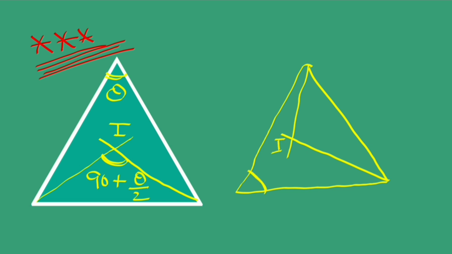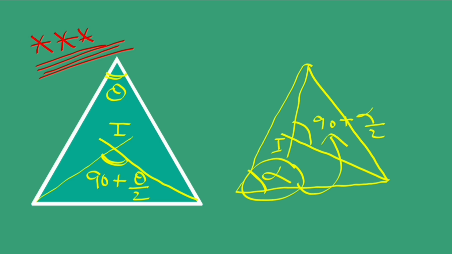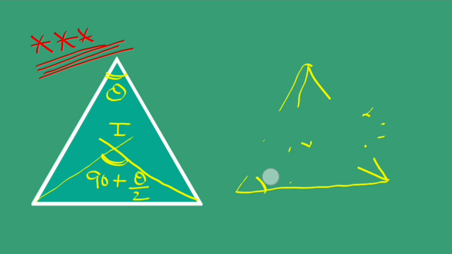Suppose this angle is alpha, then this angle is equal to 90 plus alpha divided by 2. Here alpha is the opposite angle of this angle, so 90 plus alpha by 2 is the answer for this angle.